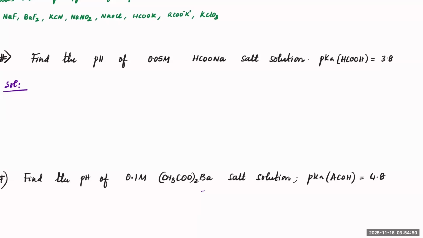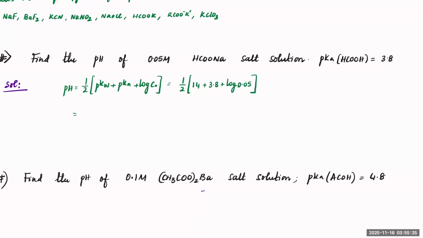So using that concept, I can say that pH here we can use the formula pH is equal to half of pKw plus pKa plus log C naught. So that is equal to half of pKw is 14 plus pKa is 3.8 plus log of 0.05.